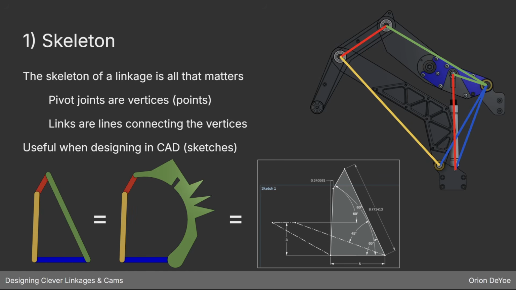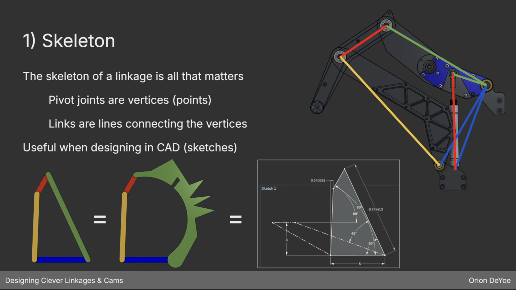The first thing here is called the skeleton. The wireframe skeleton of a linkage is the only thing that matters for its behavior. You treat the pivot points as points or vertices, and you connect those pivot joints together with lines, and you just evaluate the way that polygon moves. The key thing this brings into effect is that the physical shape of the link doesn't matter.